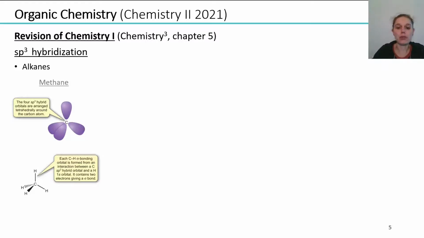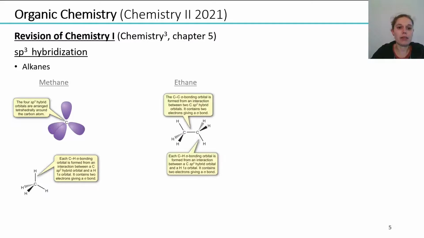And if we go to another alkane, we can, for example, go to ethane. For ethane, we have a similar bonding situation, but now we have not only 1 carbon atom, but 2. The 2 carbon atoms are both tetrahedrally coordinated, and they are linked to each other with a carbon-carbon sigma bond. And what do we know?